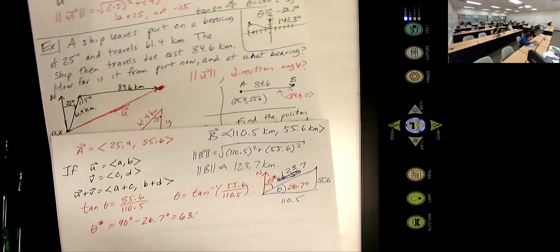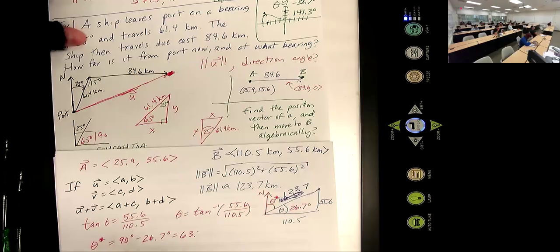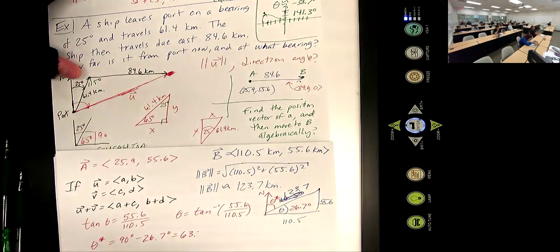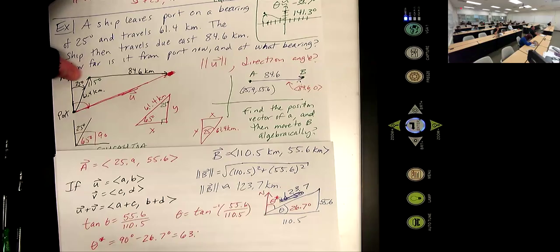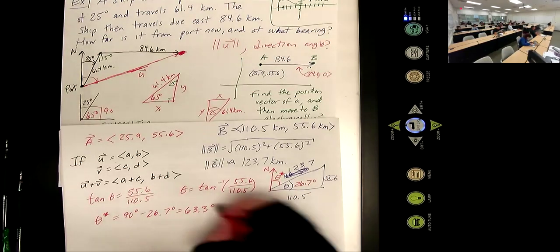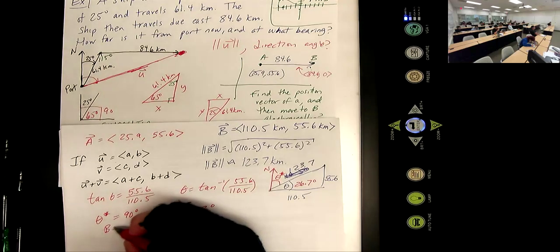That's how I got the 65 earlier when I was doing this, but we're now at a new angle. We're always going to report it off of true north though, it's not going to be off the last angle. That's a good question. 63.3 degrees. So it's off true north, a bearing of 63.3.